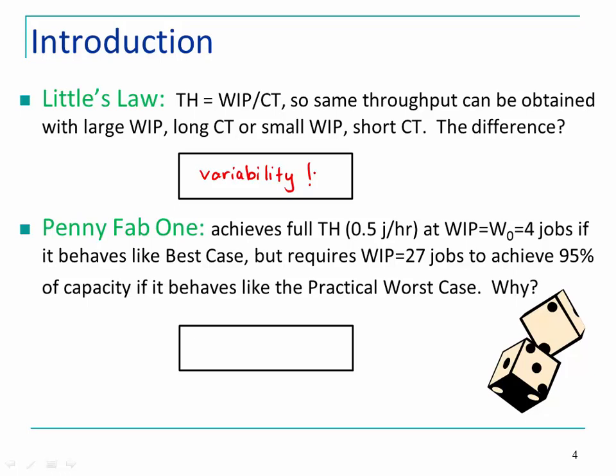But remember also the second example, in which we had multiple machines per station, that one required 25/7 jobs to achieve 95% capacity if it behaves as a practical case. And why is that the case?